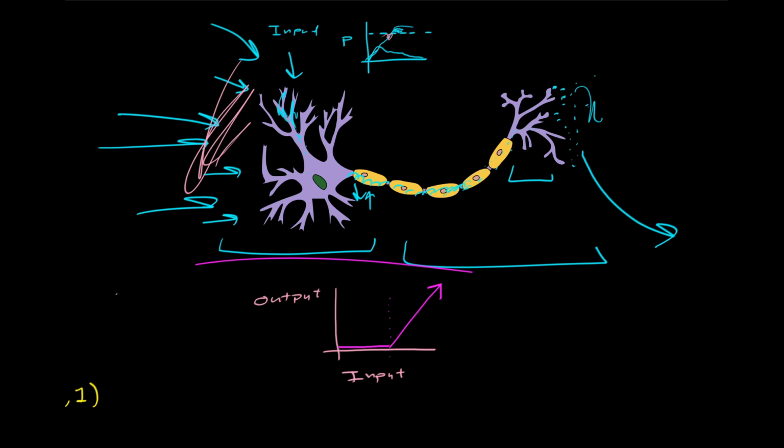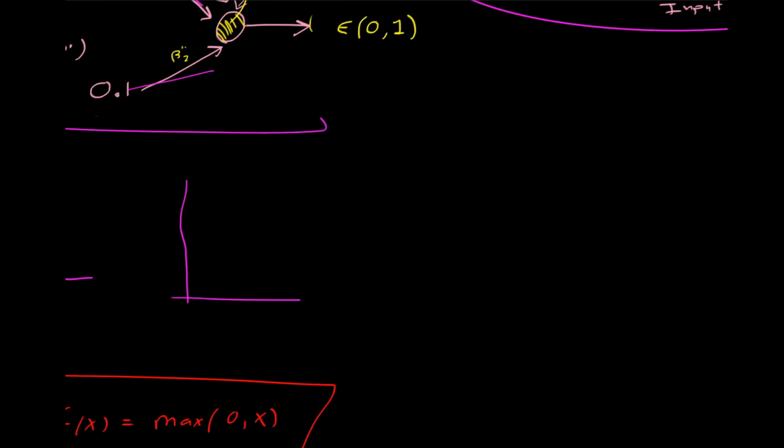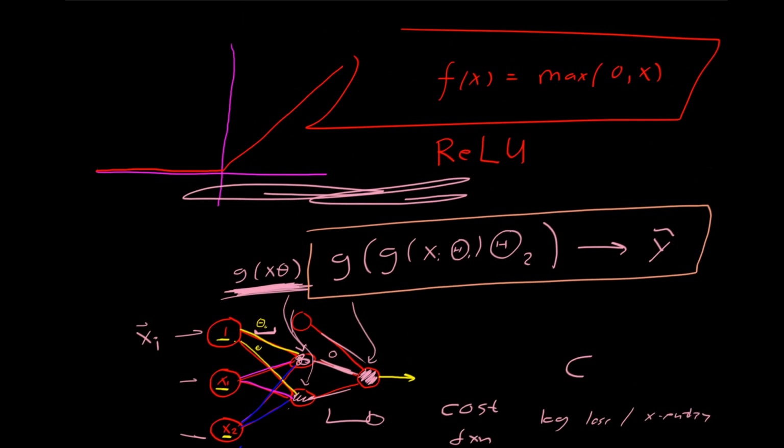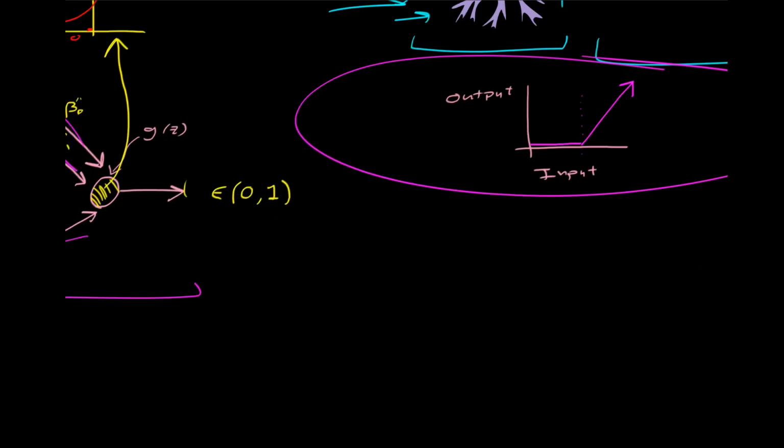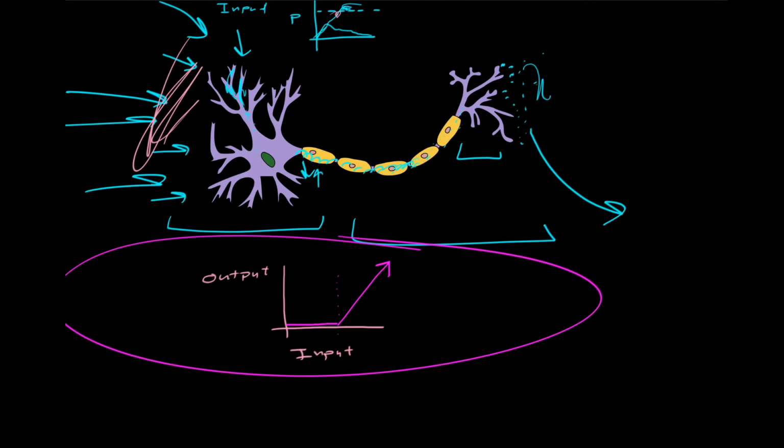This looks awfully familiar, right? This looks just like our ReLU function. Or you could imagine it like a sigmoid, where there's no input and then a certain amount of output. In any case, this is the biological inspiration for a neural network.